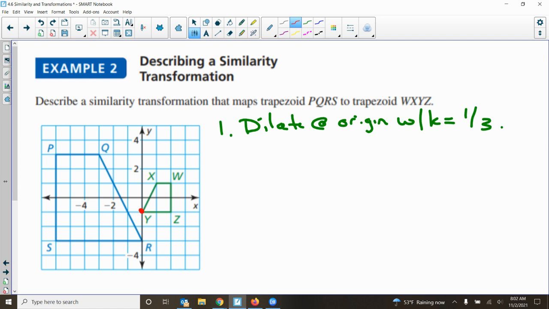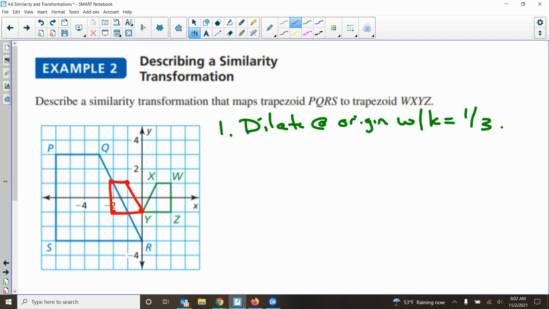That's R prime. -6, -3 will go to -2, -1. It's S prime. -3, 3 will go to -1, 1. It's Q prime. And -6, 3 will go to -2, 1. That is P prime.